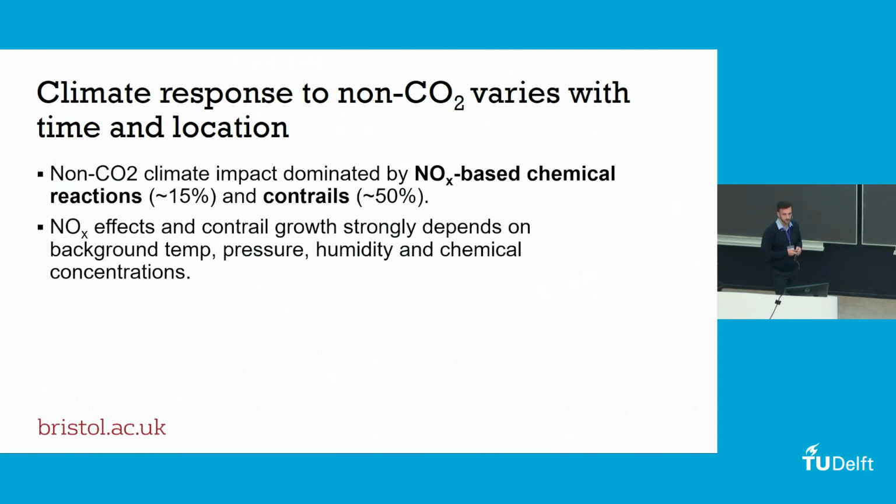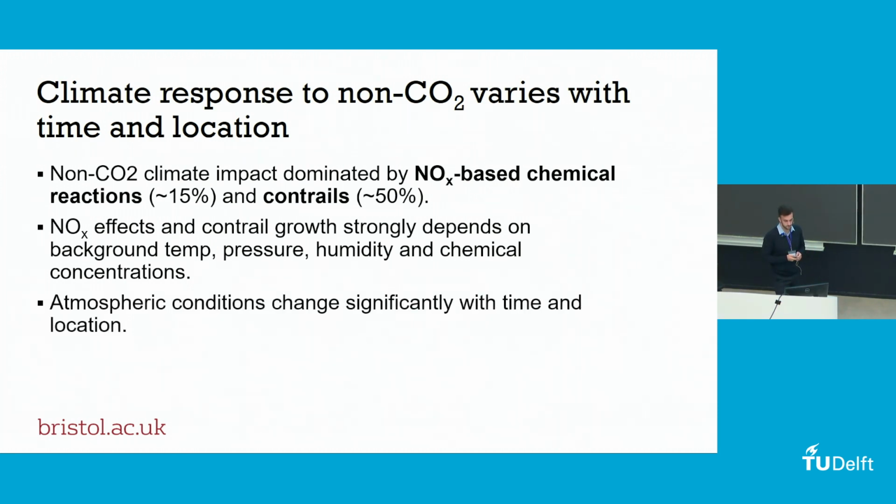Now, these NOx effects and the growth of contrails, they grow strongly depending on the state of the atmosphere. So temperature, pressure, humidity, and chemical concentrations all determine the extent to which these emissions result in climate change. And of course, they vary significantly depending on when and where you release the emissions because of just natural variations in the atmosphere.